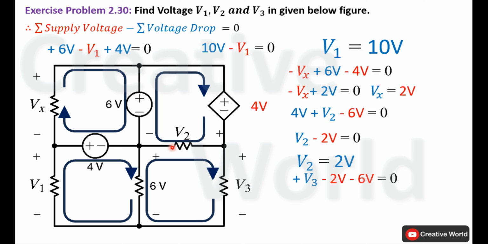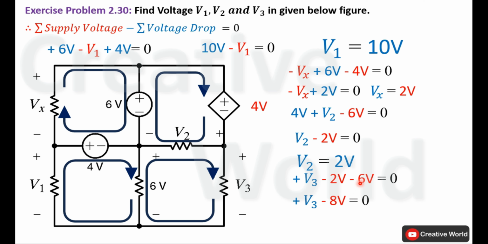Move to last element. Voltage across this resistive element, that is labeled as V2, and the value of V2 is 2 volt. It will be taken with minus sign because current entering terminal is negative. Now solve this equation to calculate the value of V3.